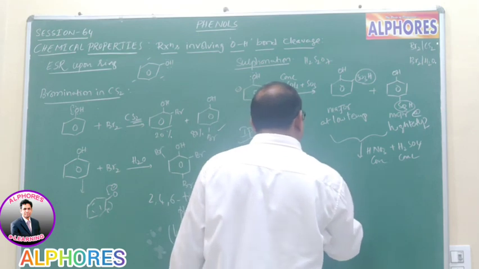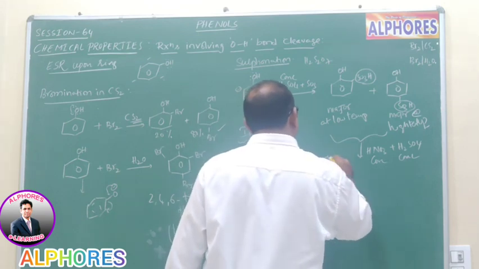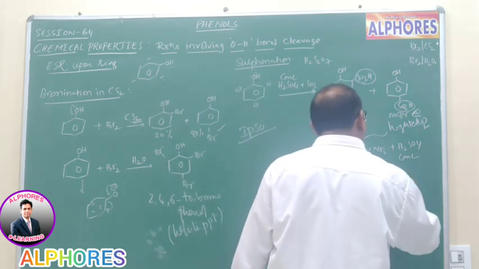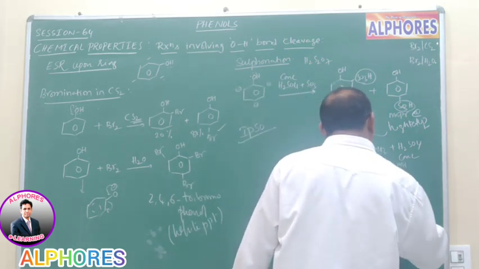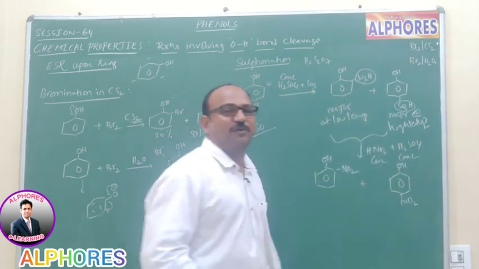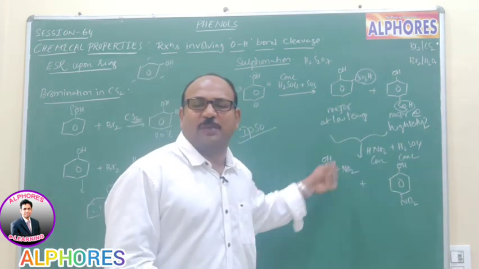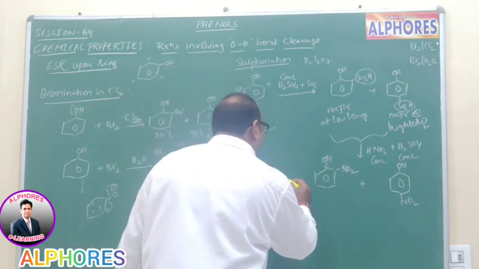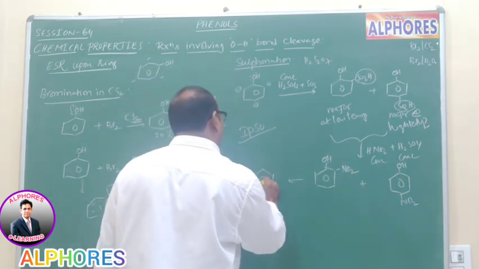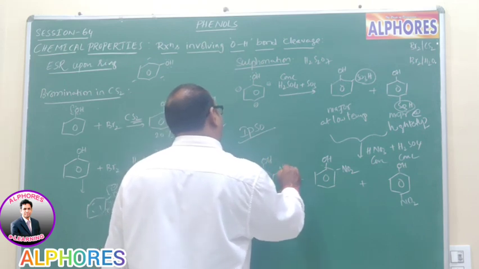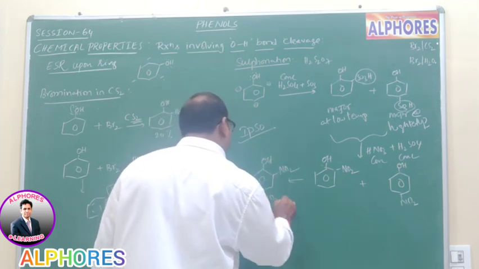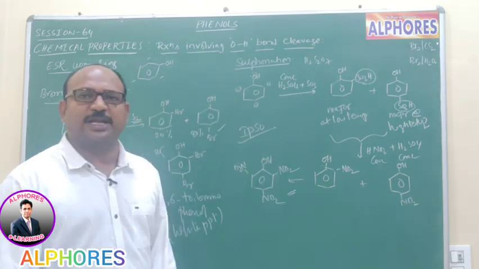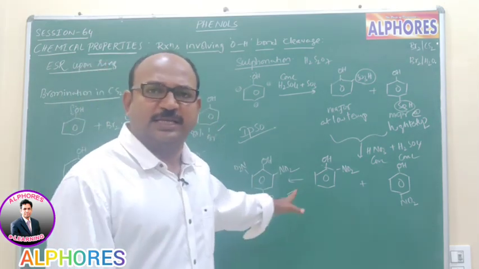Then we get the product with OH and NO2, which we call ortho-nitrophenol, and here para-nitrophenol. The reaction does not stop after formation of 2-nitrophenol or 4-nitrophenol; further 2,4,6-trinitrophenol is also possible. We already learned that 2,4,6-trinitrophenol is nothing but picric acid.